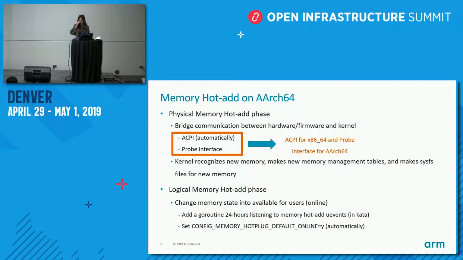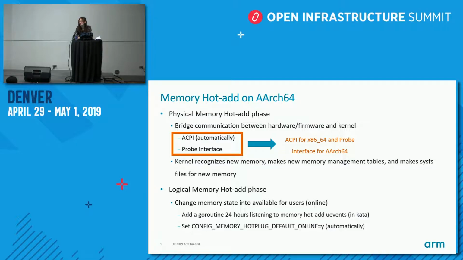My other work is about memory hot-add on ARM64. It can be divided into two phases: the physical memory hot-add phase and the logical memory hot-add phase. The physical memory hot-add phase is about bridging communication between hardware and the kernel.